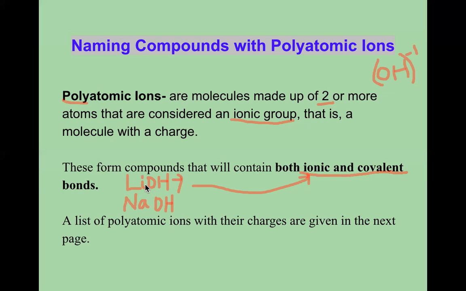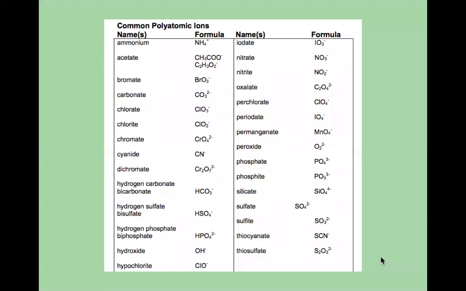Okay, so the list of polyatomic ions with charges is given on the next page. And I made a copy of this polyatomic ions list, so I give this list to you. You keep this for reference.